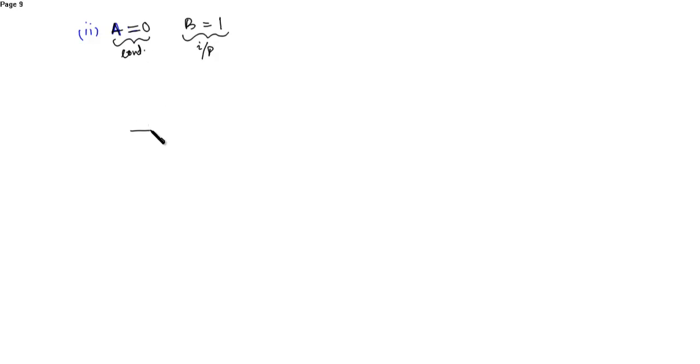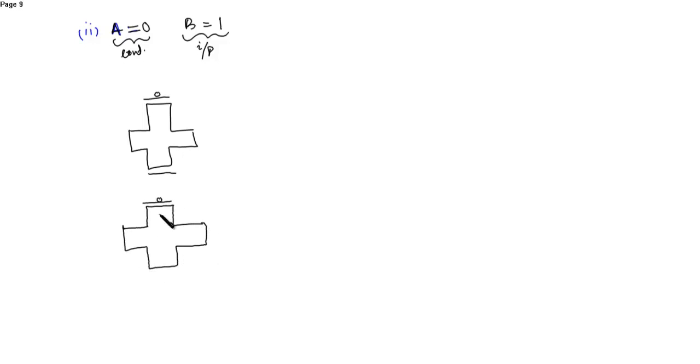So once again draw the transmission gate. So this is the PMOS, this is the NMOS. PMOS, this is the NMOS. This is the input.